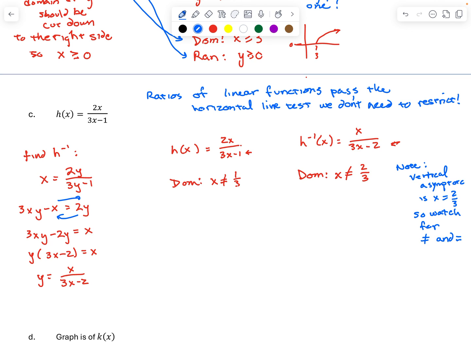Yeah, watch for the difference between not equals and equals. It depends on what question I ask.